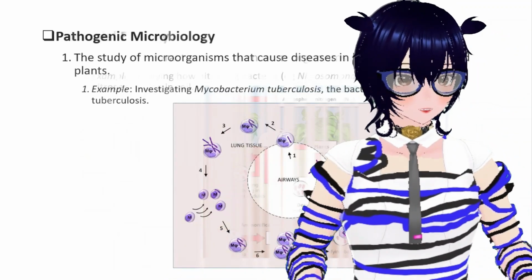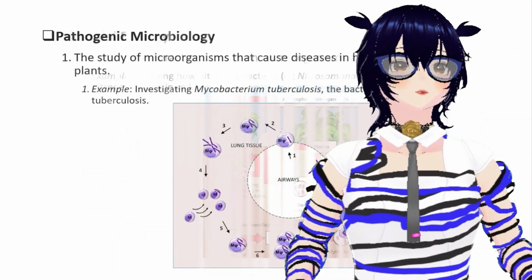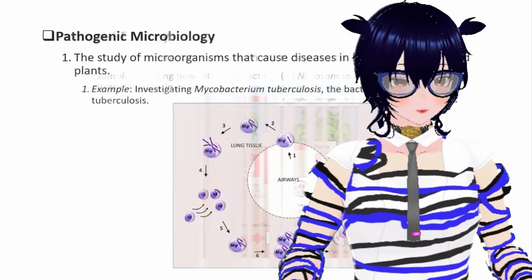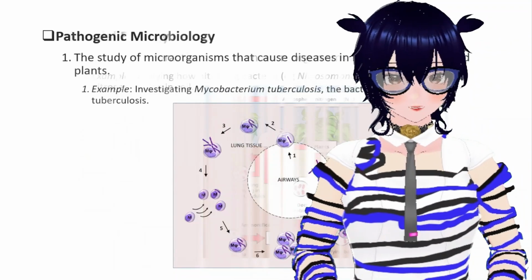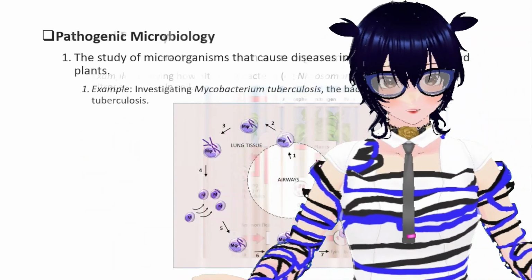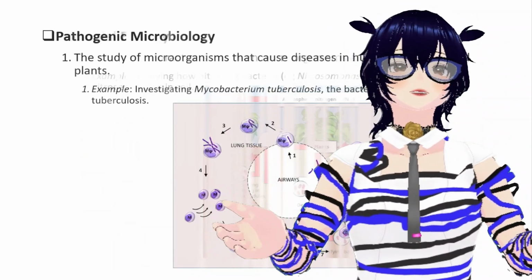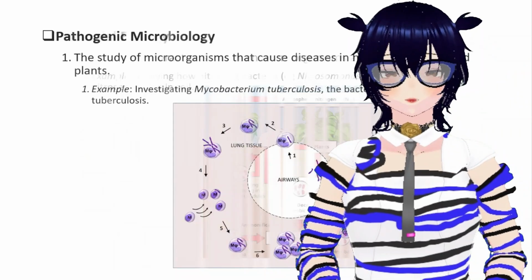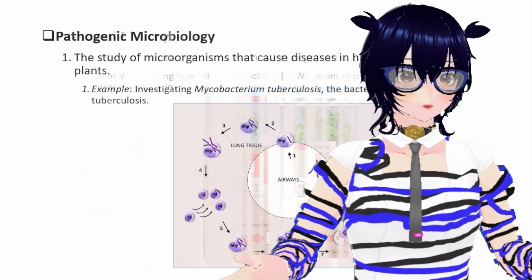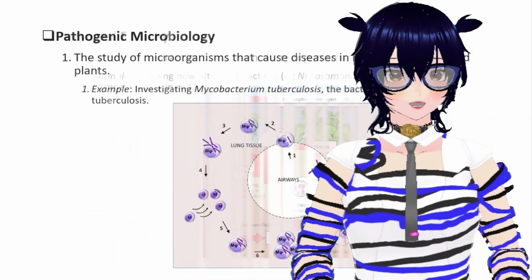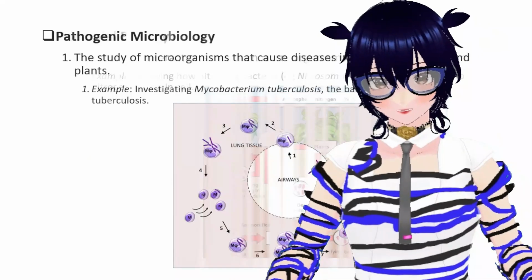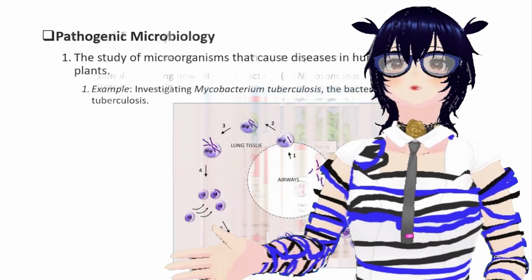So Mycobacterium tuberculosis is the bacterium that causes tuberculosis. What is tuberculosis? It is a disease of the lungs. The bacteria go through the airways to the lungs, and in the lungs we have immune cells known as macrophages.